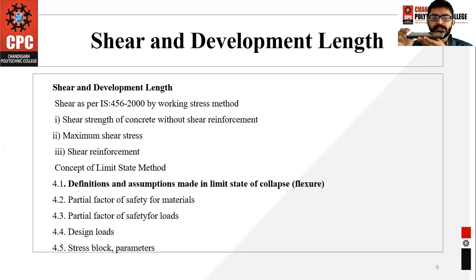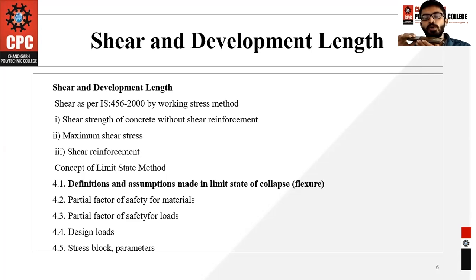There are two types of axis. One is the longitudinal axis that comes along the length, and one is the lateral axis that comes along the width of this component. If the load is coming perpendicular to the longitudinal axis, it is known as a beam.